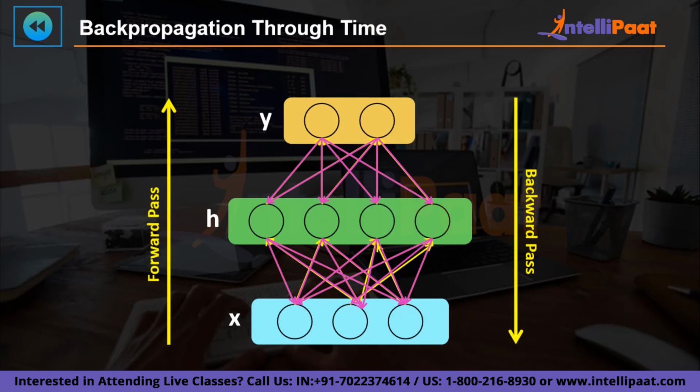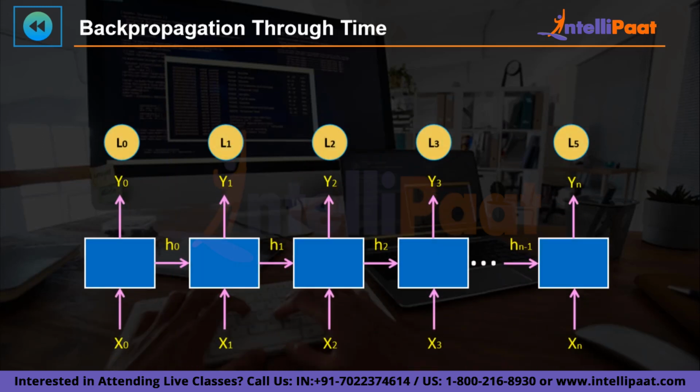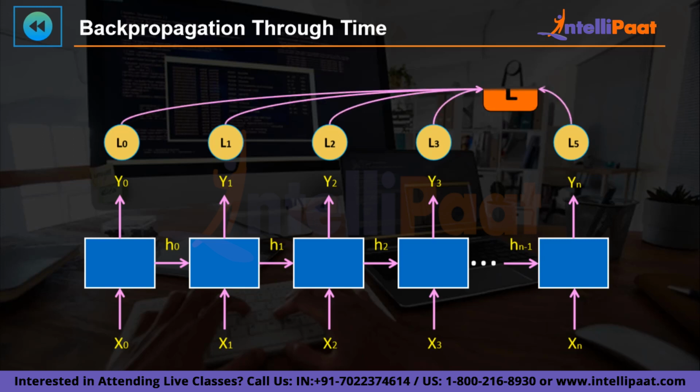For RNNs, as we walked through earlier, our forward pass through the network consists of going forward across time and updating the cell state based on the input as well as the previous state. After that, we compute the individual output and loss for each time step, and summing those loss values, we determine the overall final loss.